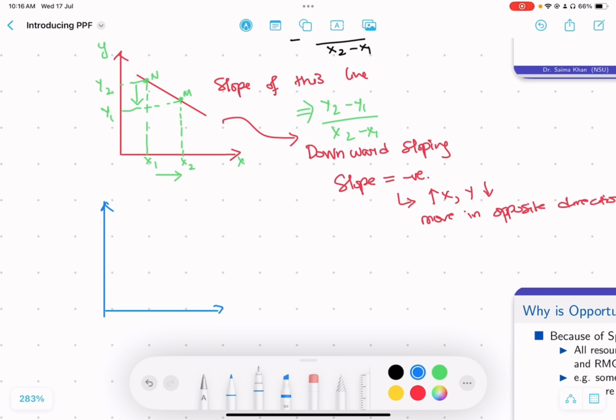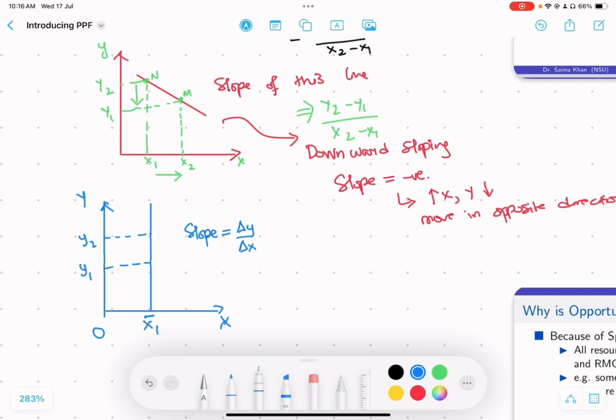I'm going to show you some extreme conditions. If your diagram looks like this, with the y-axis, the x-axis and 0, remember we said the slope is change in y by change in x. Here x is constant, the same value of x, let's say x1, while y goes from y1 to y2.